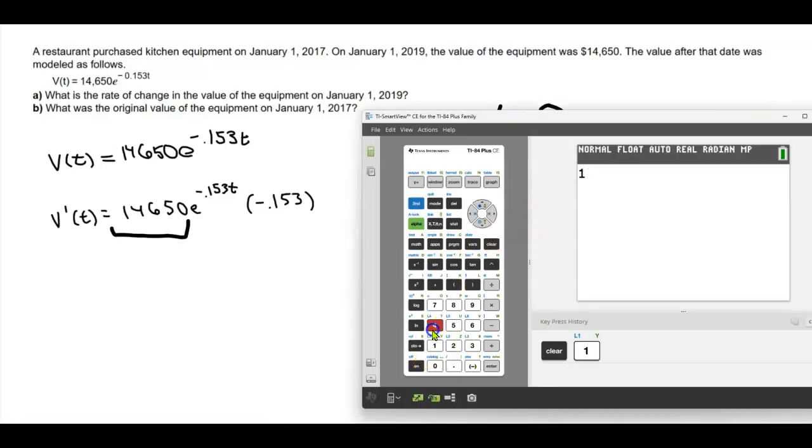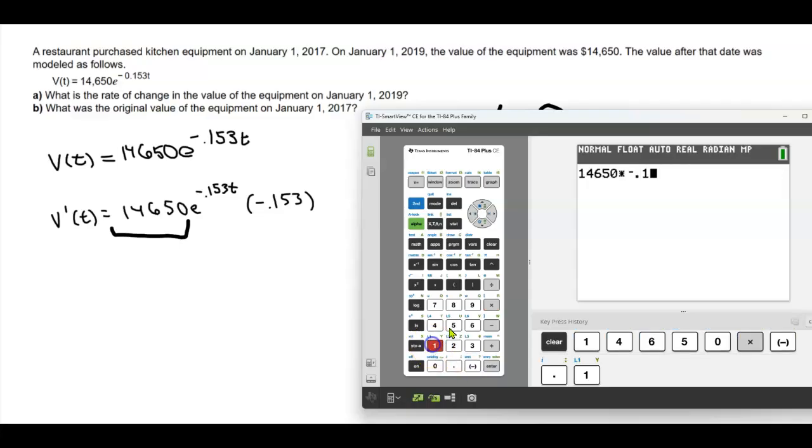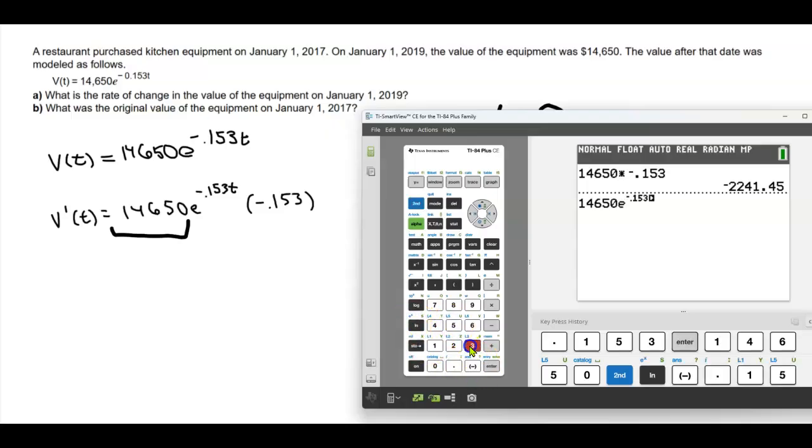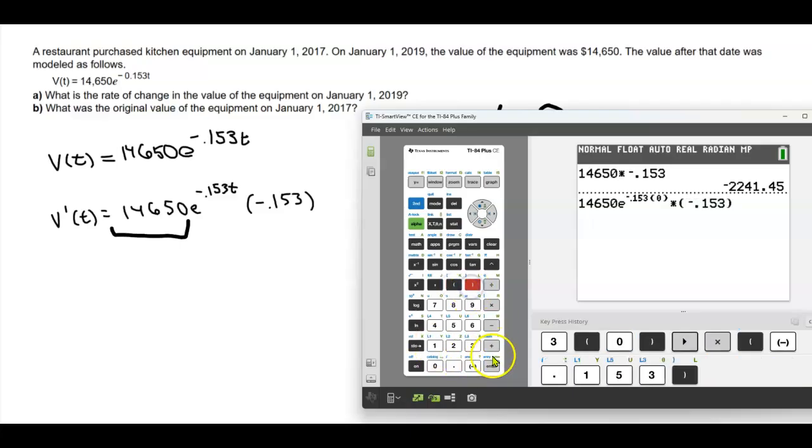You could also put the e in there, but I know that if I'm plugging in 0, I'm just going to get this piece, so I can multiply that by negative 0.153. You could write the whole thing, 14,650 e to the negative 0.153 with 0 in there for t, times negative 0.153, and get the same output.